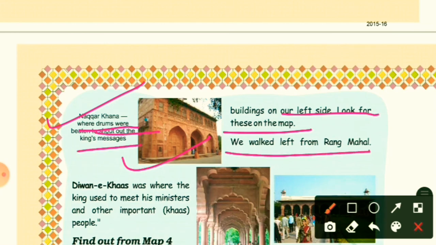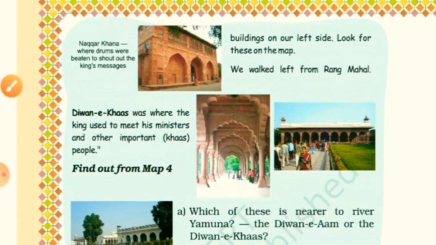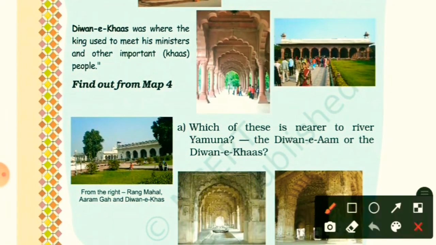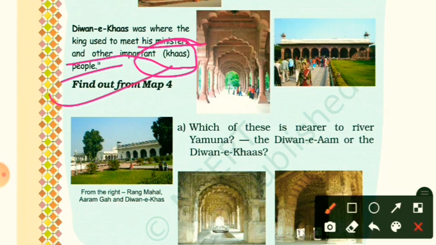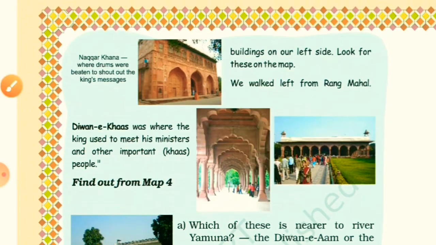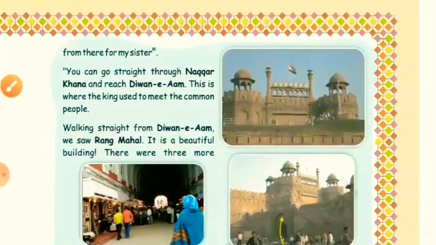Now next, we walked left from Rang Mahal. Diwan-e-Khas was where the king used to meet his ministers and other important people. Khas means very important persons. Now next, find out from the map, but before that, let's have an observation.